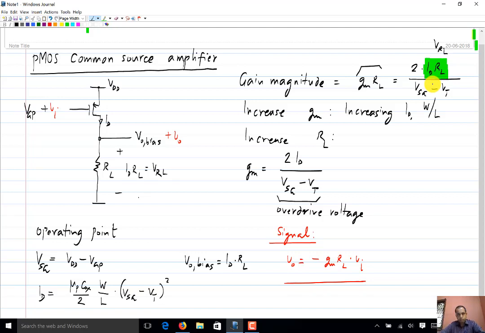Okay. Now how do we increase the gain? We have to increase VRL or we have to decrease VSG minus VT.